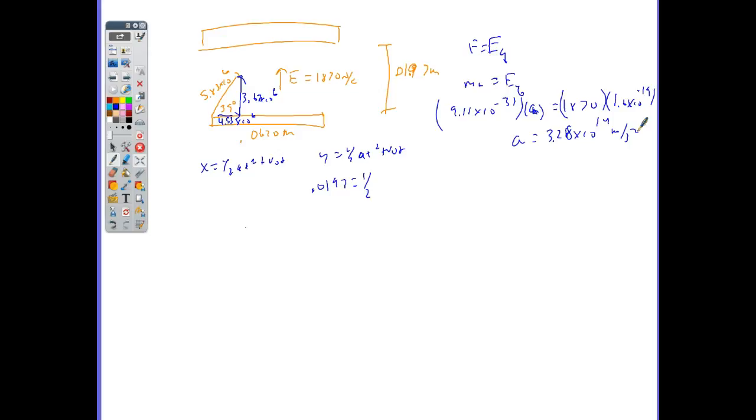Negative. It's pulling down, right? So I note that it's pulling down, so I'm going to put it in here as a negative: negative 3.28 times 10 to the 14th. Okay, yeah. So make sure you add 9.8 to this times 10 to the 14th number. Plus 9.8. What am I going to find?